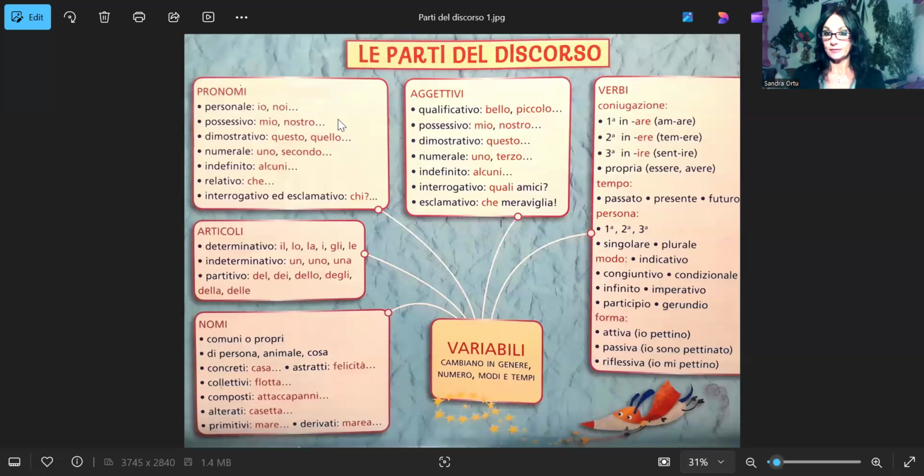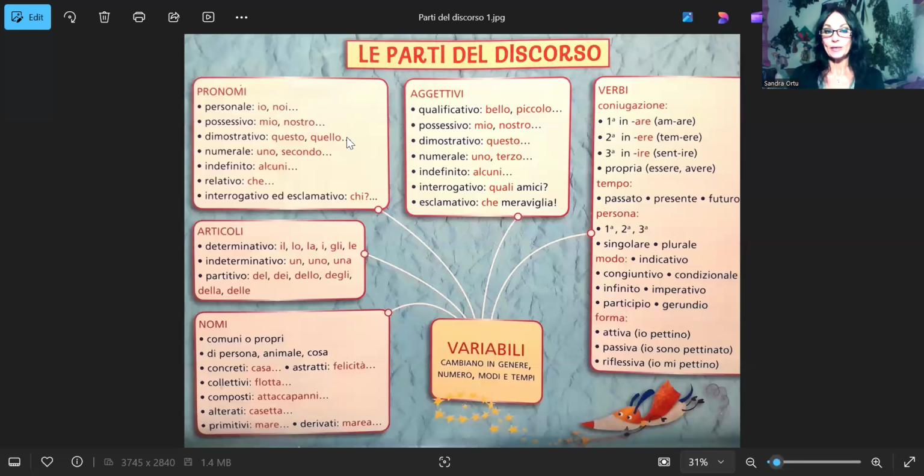Possessivo: we have done this recently, when we say my, your, his, her, our, etc. These do change according to number and gender. If you haven't looked at the video about the possessives, do so. You can see that we have 4 groups: the masculine, the feminine, the singular, and the plural.